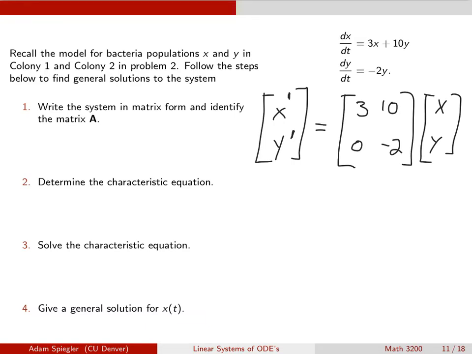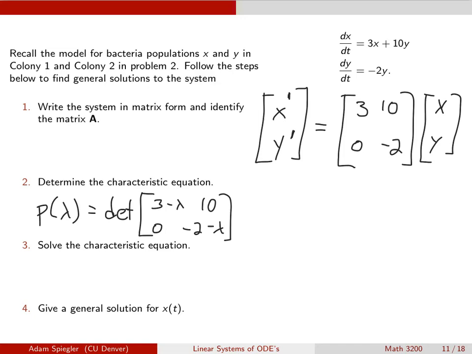Next would be to find the characteristic equation. I'll call that p of lambda. On the previous slide we defined it as the determinant of the matrix that I get from subtracting this scalar lambda from the diagonal terms. So I'm going to subtract a lambda from 3 and a lambda from minus 2.